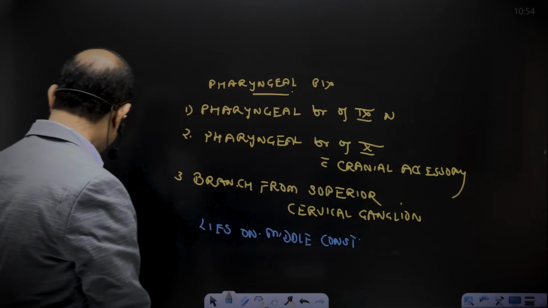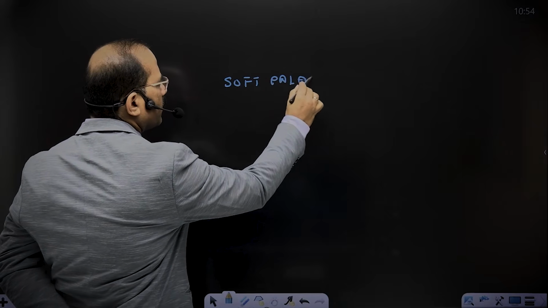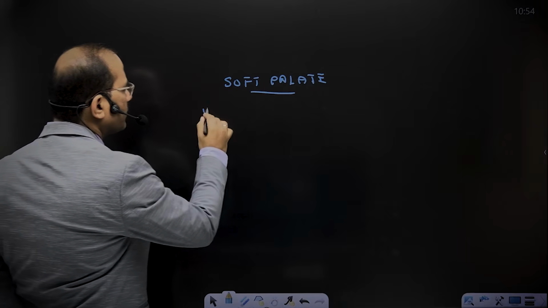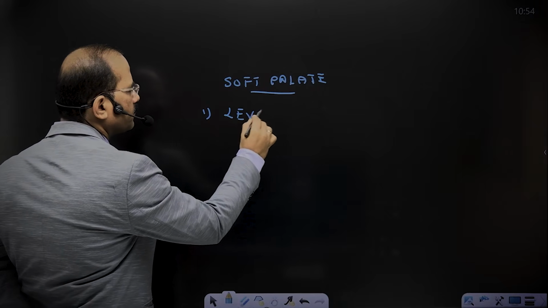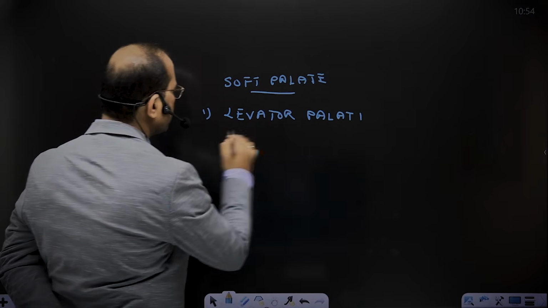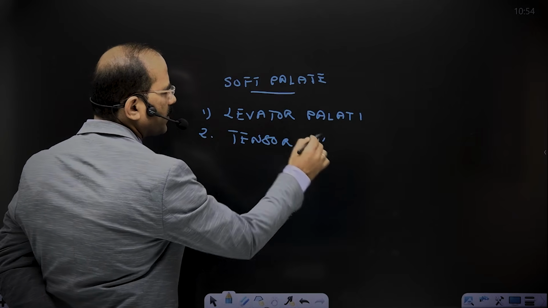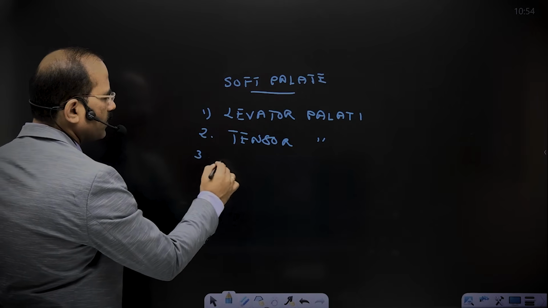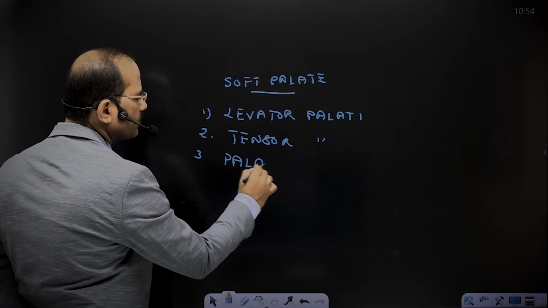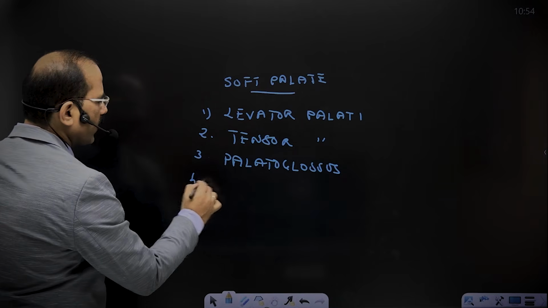Okay, so which are the muscles of the soft palate? Let me enumerate this for you. One, levator palati. Second, tensor palati. Then palatoglossus. Next is palatopharyngeus.